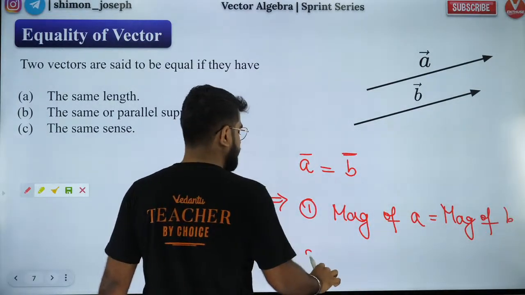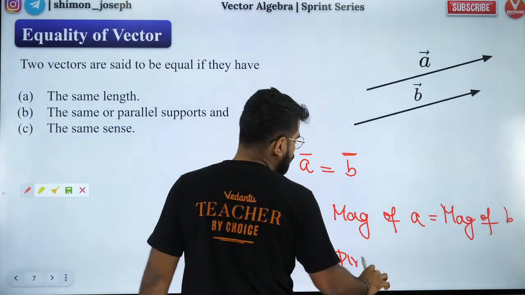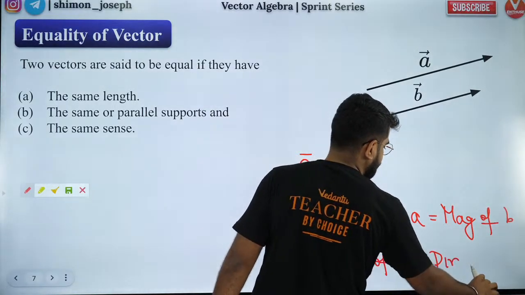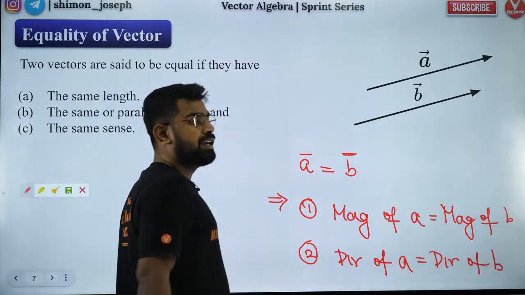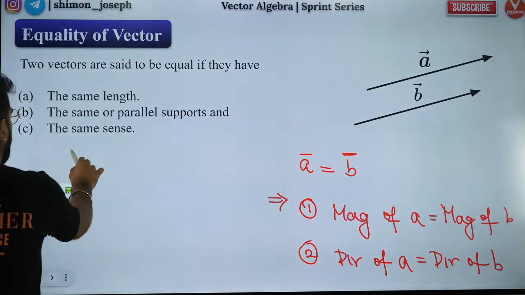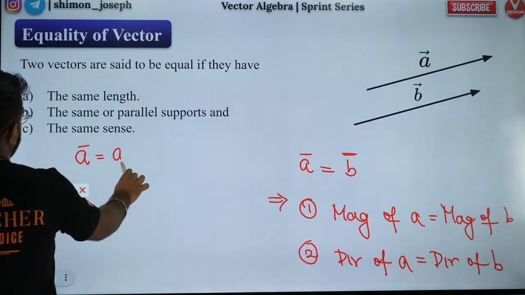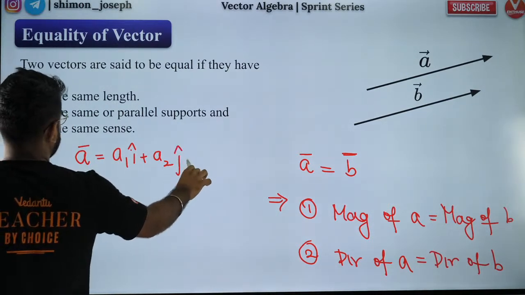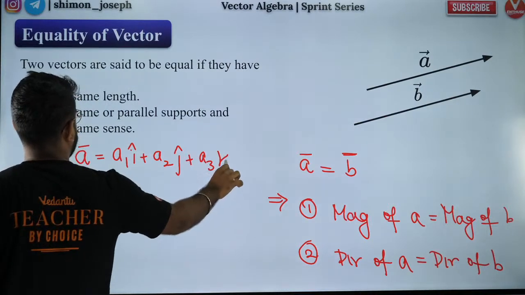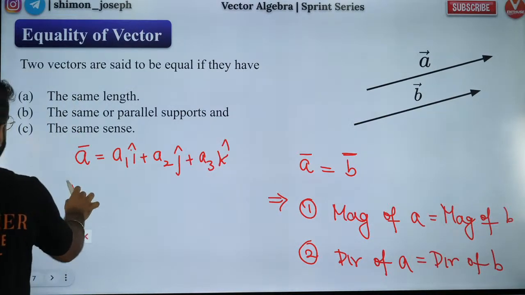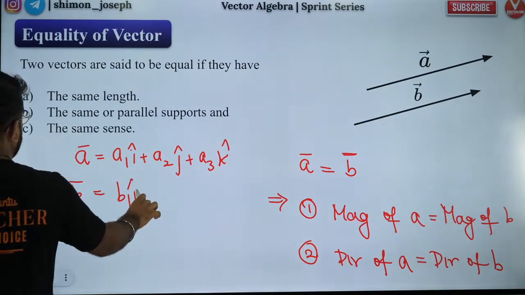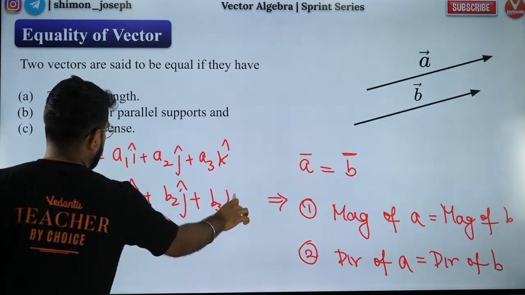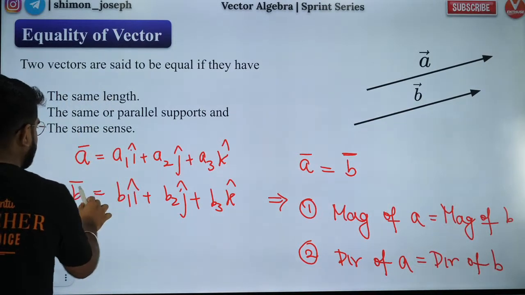Very simple. The second one is that the direction sense of A should be the same as the direction sense of B. And if you have it in component form, let's say the A vector is A1 i cap plus A2 j cap plus A3 k cap, and the B vector is B1 i cap plus B2 j cap plus B3 k cap, then if they both are equal, what can I say?